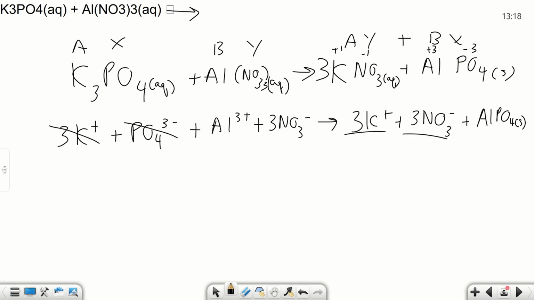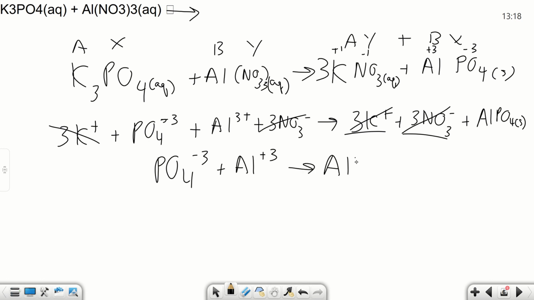So I'm going to eliminate those. The net ionic equation is PO4 3 minus plus Al 3 plus yields AlPO4 solid. Hopefully you follow along with that well.